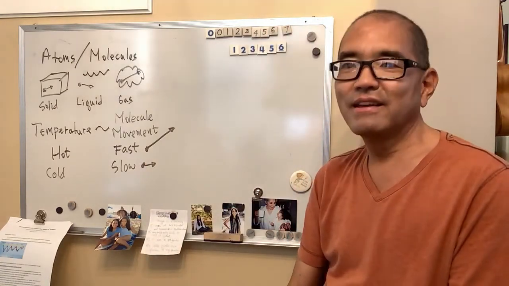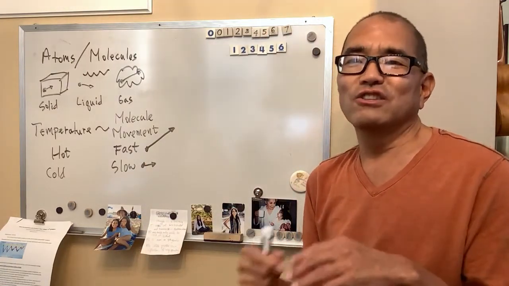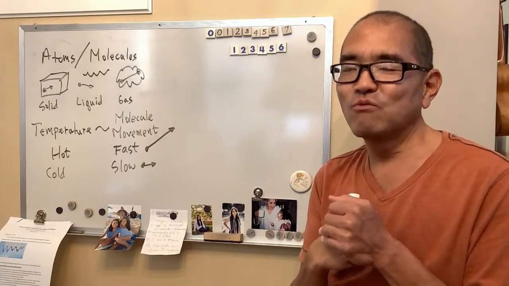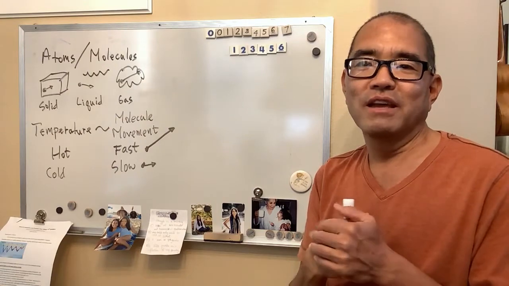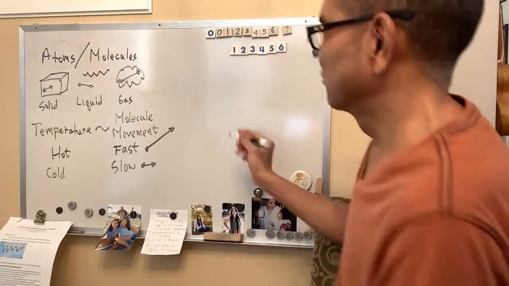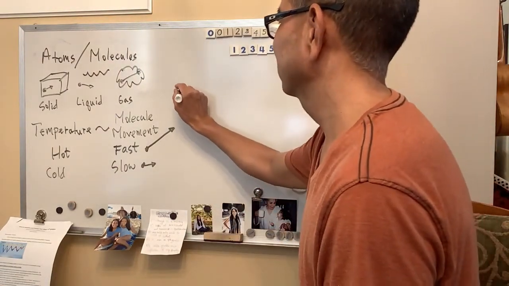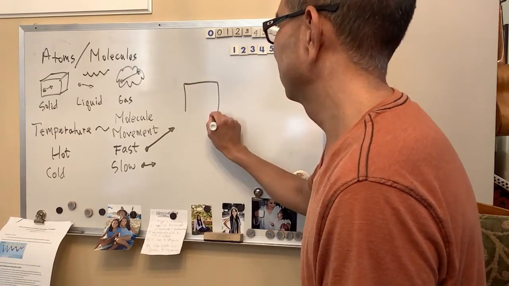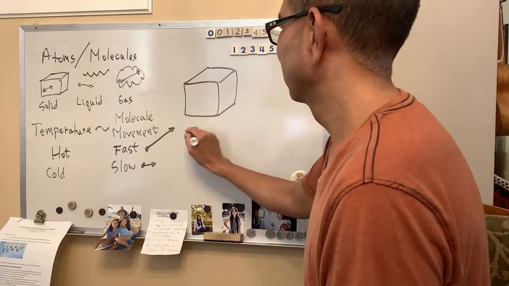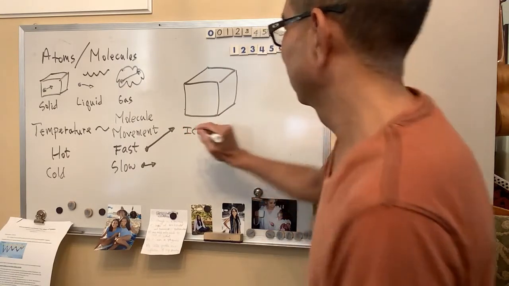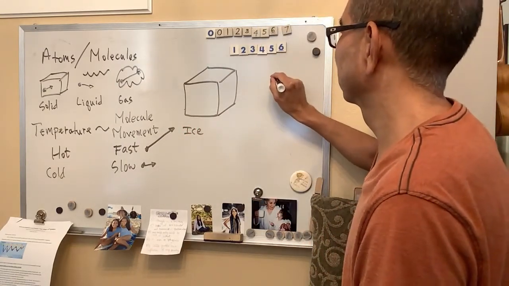All right? Now, let's look at what's actually happening when we put ice and salt to make ice cream. So here we have a block of ice. So here's ice. And here we have water.